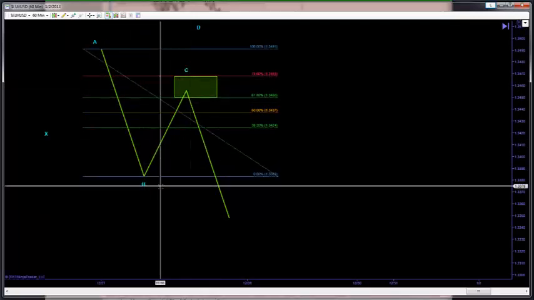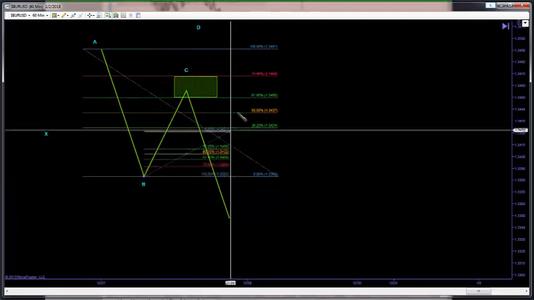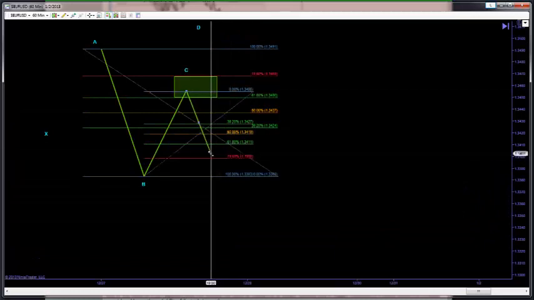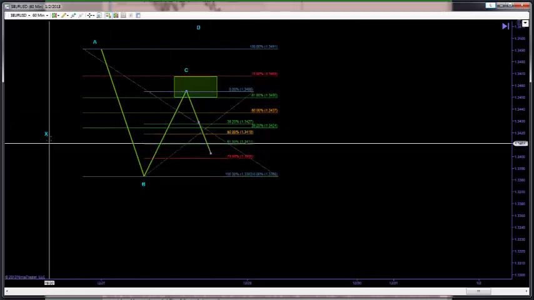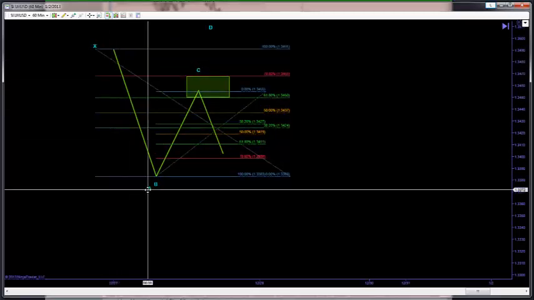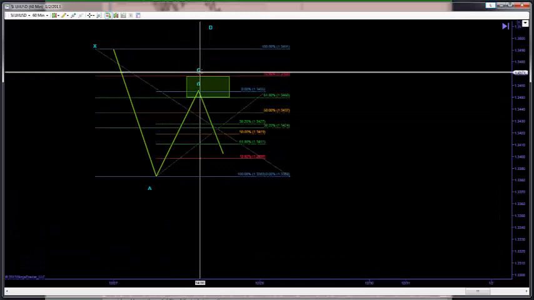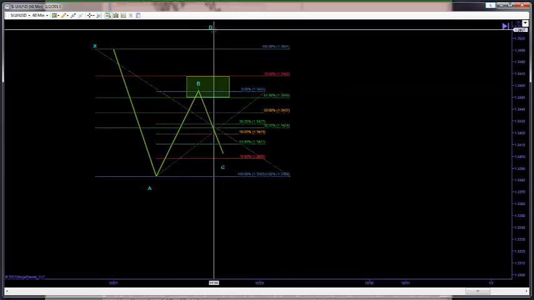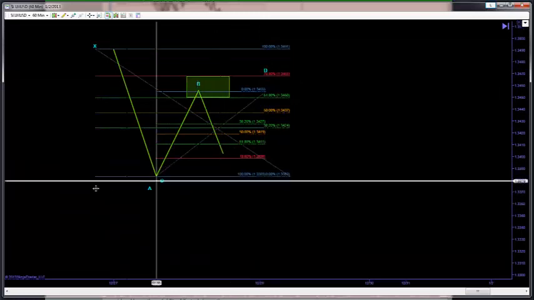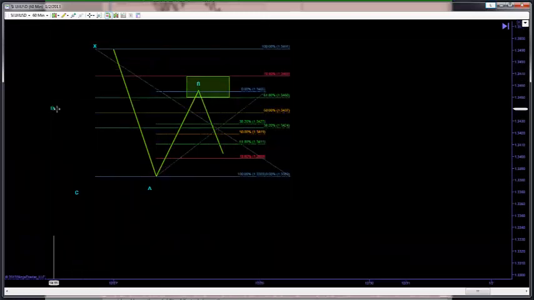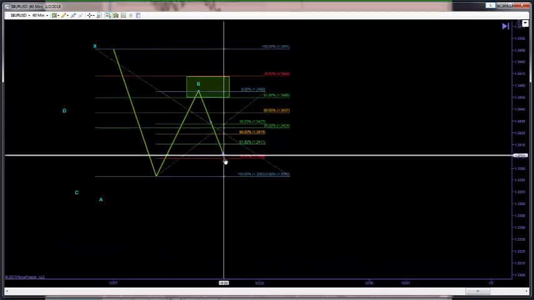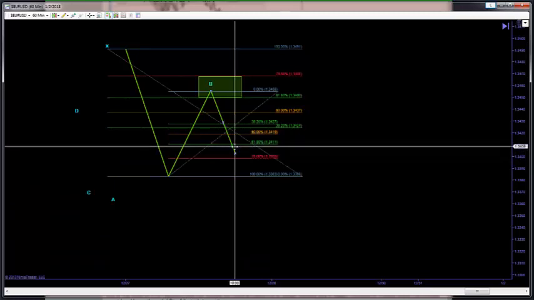Because if this happens to retrace to here, then we're looking at a Gartley pattern, and this is now X, A, B, C, with D being up here around the 78.6. Does that make sense? That's why I say that we don't know yet if it's an X or an A on some of the posts. Until we get that confirmation and price closes down here, we do not know that for sure.